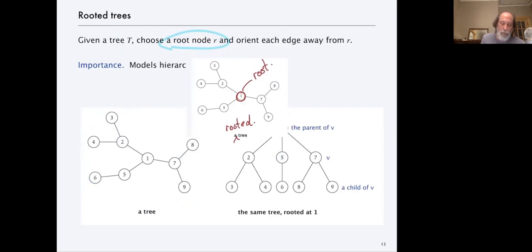Okay, but in most applications where we find use with a rooted tree, we like to think of the edges as being oriented either towards or away from the root.